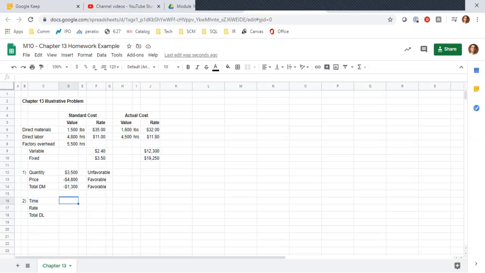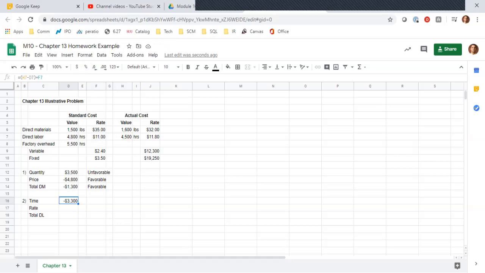So our time variance is going to be our actual hours less our standard hours multiplied by our standard rate. Oh, whoops. Forgot to do the multiply part. Okay, so there is our time variance.